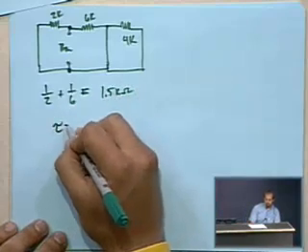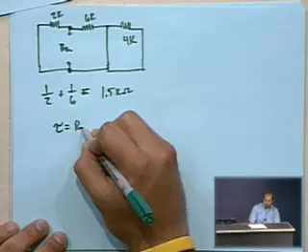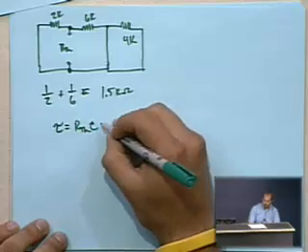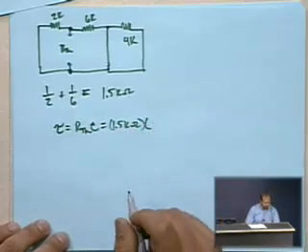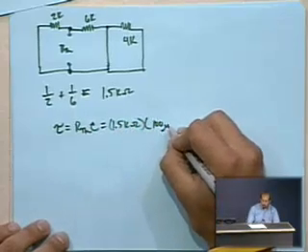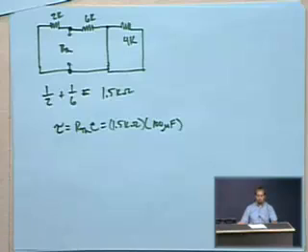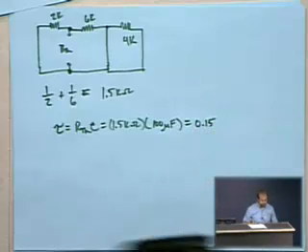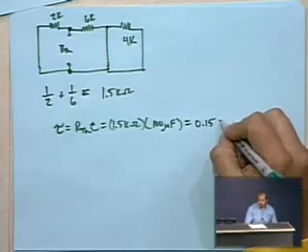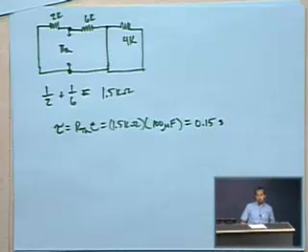Therefore, the time constant tau equals the Thevenin resistance times the capacitance, or 1.5 kiloohms times 100 microfarads. Micro is 10 to the negative 6th, so 1.5 E3 times 100 E negative 6 equals 0.15. And again, technically that is seconds.